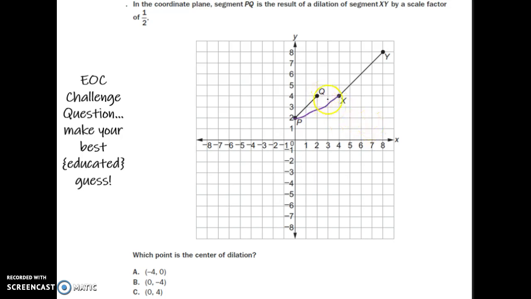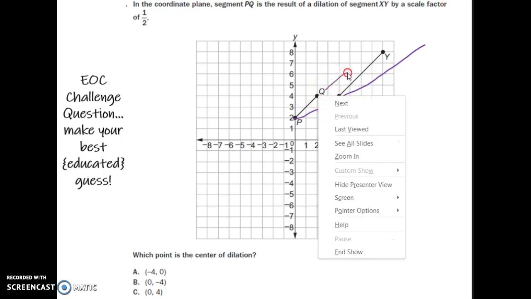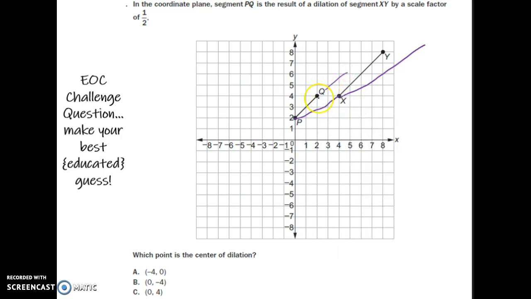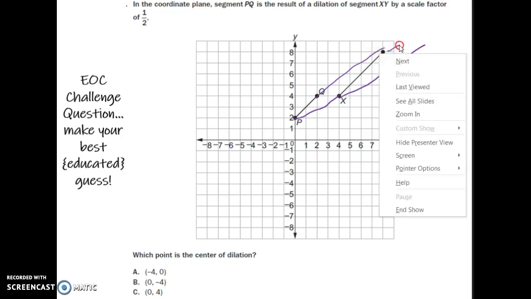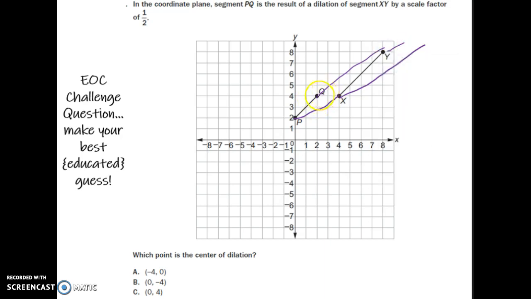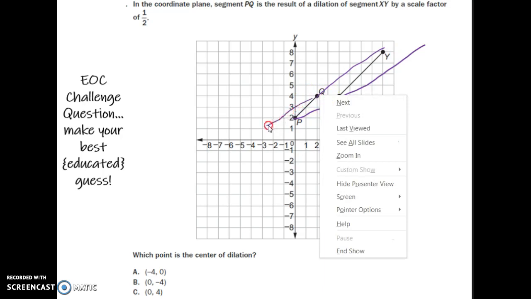So there's point P to point X, and then point Q corresponds to point Y. So we're going to connect those. You might have to extend this out a little ways, and you'll see why. So we're going to continue these lines.